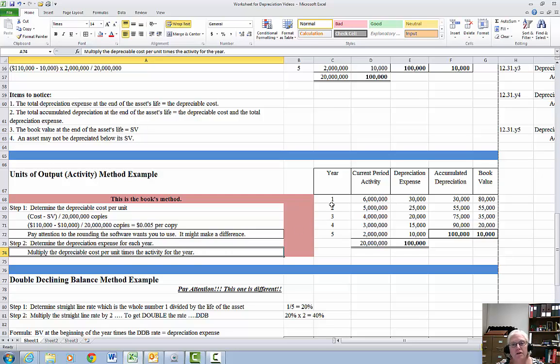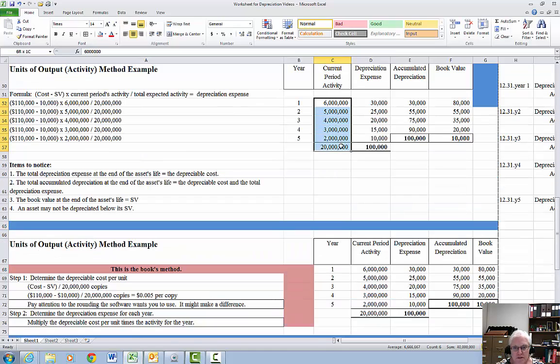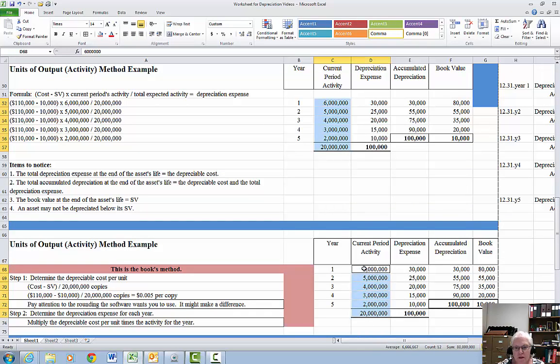So, year 1, notice my activities are going to be the same for both systems. Okay, so 6 million times the 0.005 is going to give me $30,000. There's my formula right here. And I can double click.